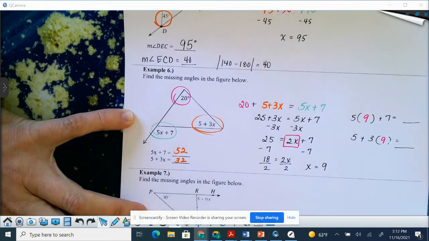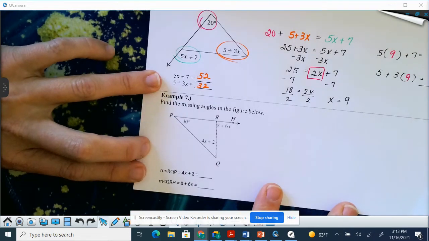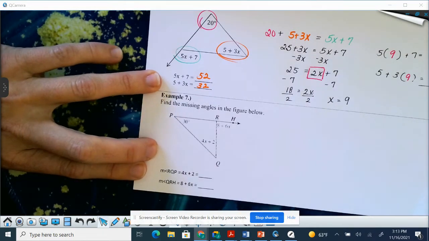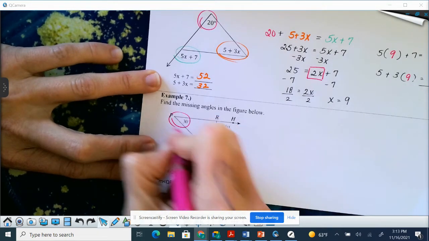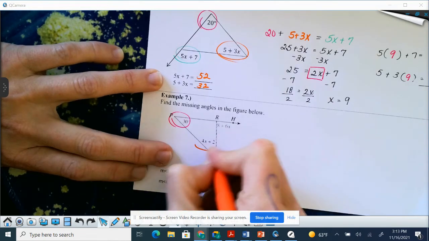All right, one more example, super mathy example. Try it by yourself and come back and restart your video. All right, so we have our non-adjacent angles.